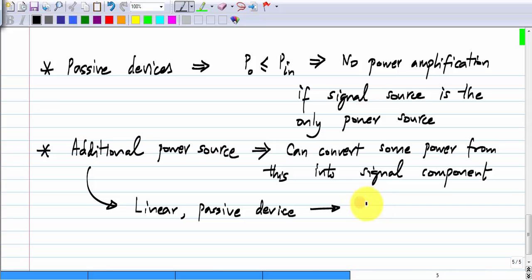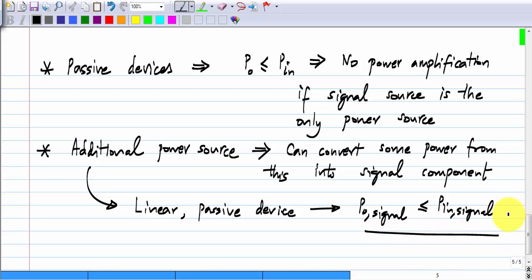Then the output power in the signal component is going to be less than the input power in the signal component. This is because with a linear network, when you have two sources, that is the signal source and the additional power source, there is no effect on the output because of the signal source, just because you connected an additional power source. This is very easily seen when you decompose it into superposition with each source acting by itself.